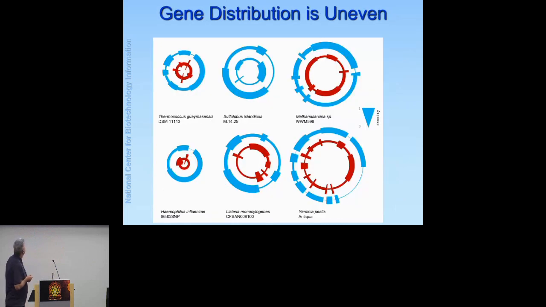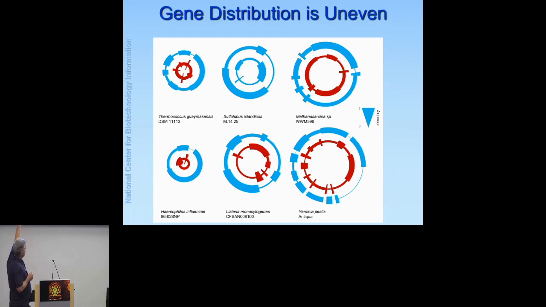This is what we get. We see that with very, very few exceptions, the distribution of these genes is very uneven. Almost all chromosomes, and the exceptions are very small genomes, very reduced genomes of intracellular parasites, very clearly break down into regions of relatively high density and relatively low density.